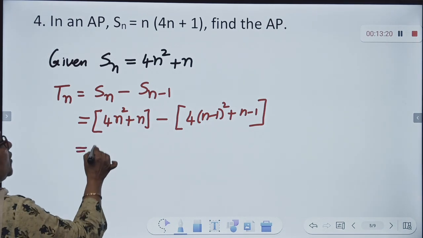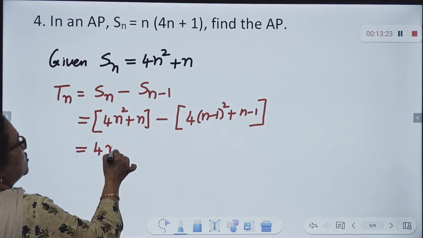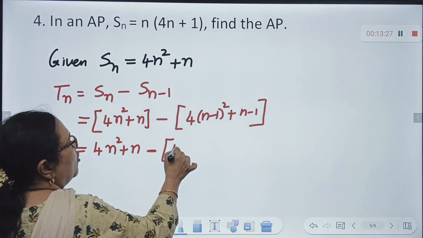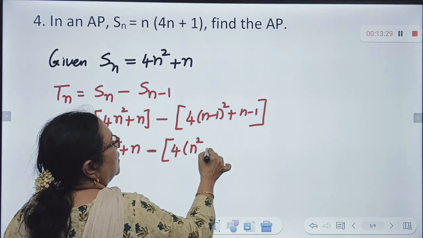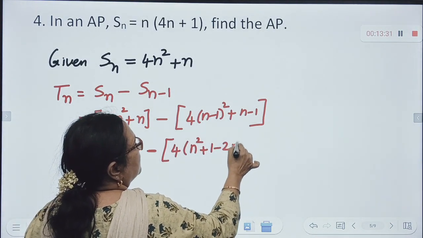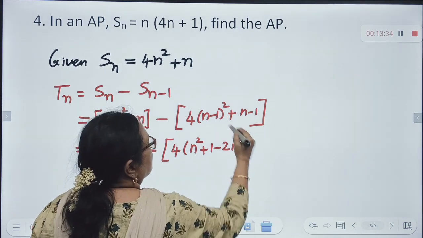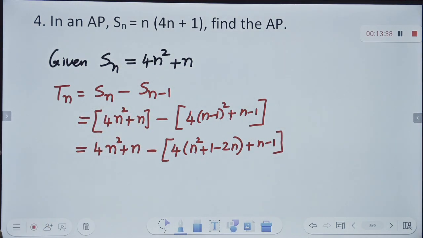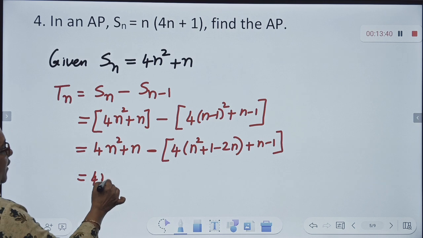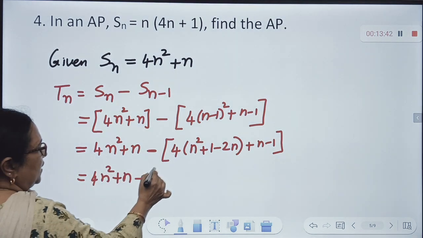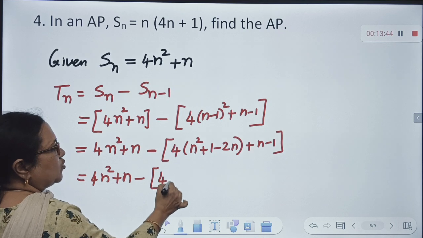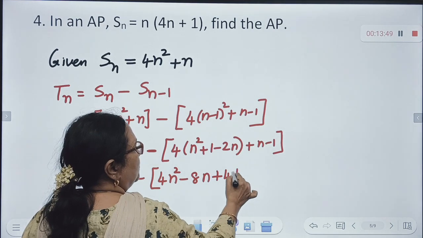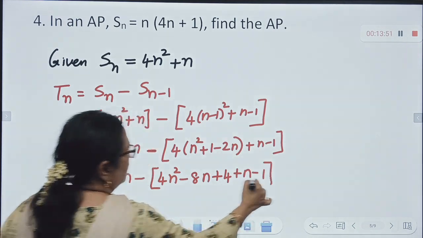This is 4 into n square plus n minus 4 into, this is n square plus 1 minus 2n plus n minus 1.